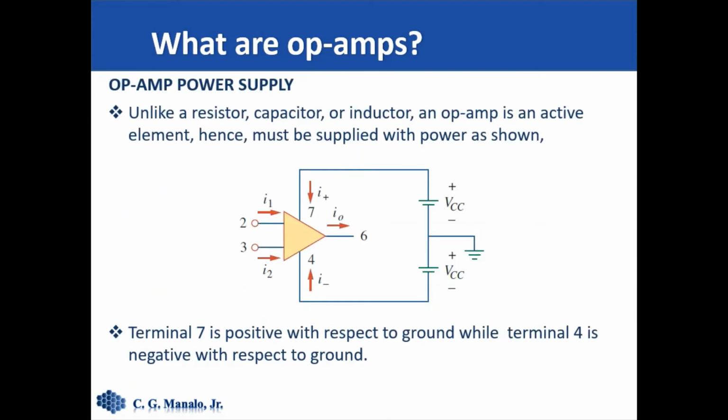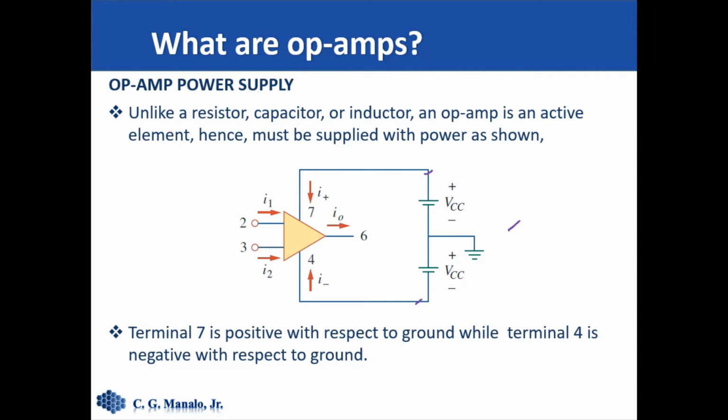An op-amp is an active element, meaning it requires a power supply. The way to connect the power supply is shown in this figure. Terminal 7 is connected to a positive supply, while terminal 4 is connected to a negative supply.